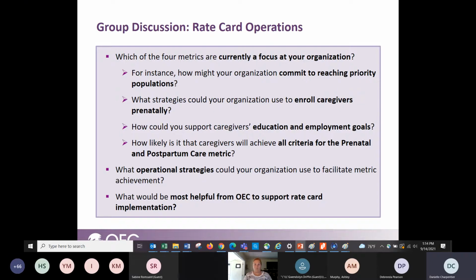And on that priority population piece, are there any specific strategies that any of these organizations have started to think about to continue to reach those priority families?